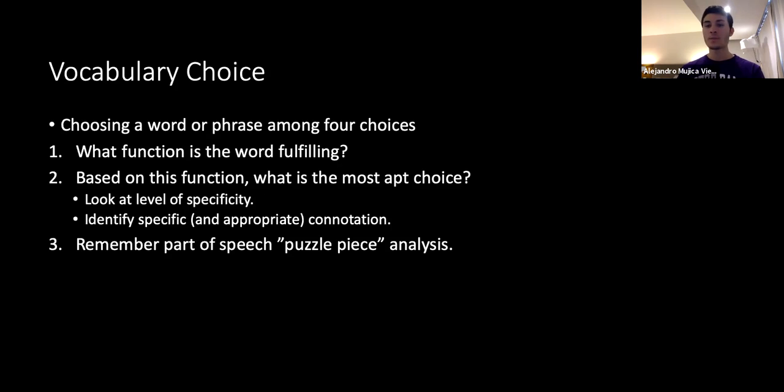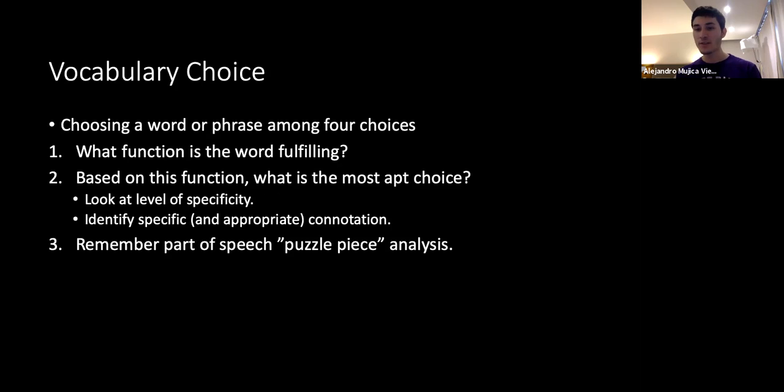And here you'll be able to eliminate probably 1 or 2 at least, based on not being the right function or the meaning being far off, maybe not very far off, but far off enough that you can eliminate it quickly. Then with the choices you're left with and not sure about, look at the level of specificity and identify specific and appropriate connotation.